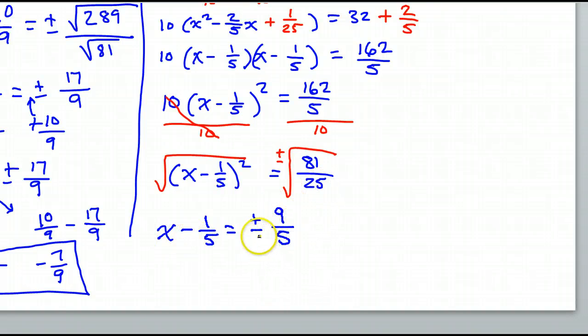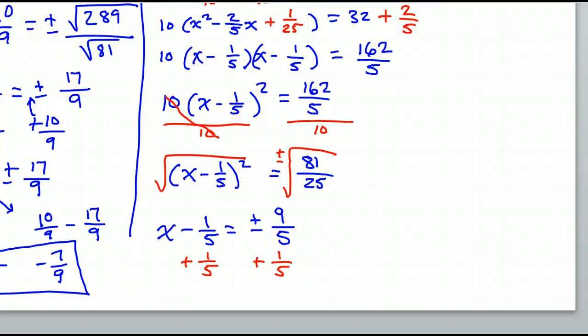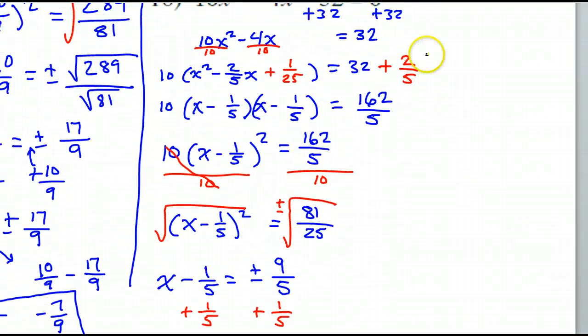Now we would add 1/5 to both sides to get rid of this. So plus 1/5 and plus 1/5. Do not try to add these together right now and then just stick a plus or minus on it. That would be wrong. Instead, what we will do is this. I'm going to need some space here.